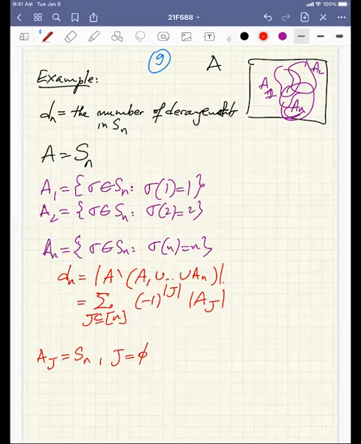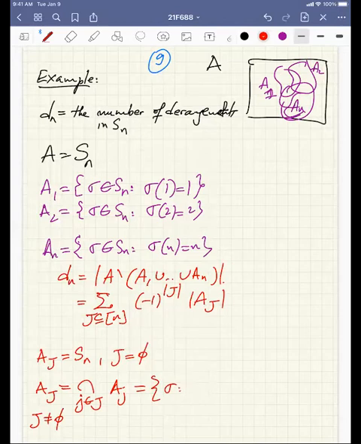Now, when J is not the empty set, A_J is the intersection of all A_j for j in J. And this consists of all the permutations sigma such that sigma fixes every element of the set J, so sigma of j equals j for every j in J.